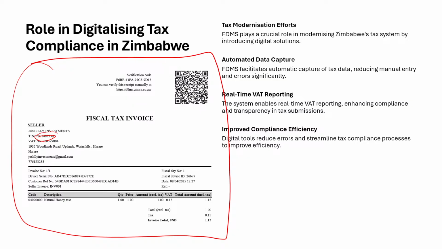And also it happens in real time. So there is no waiting for someone to send reports. This happens automatically in the cloud or in the digital platforms. So it will improve compliance efficiency both on the taxpayer side and on the agency side, right?